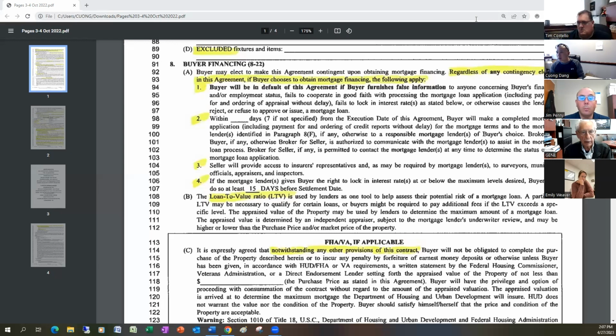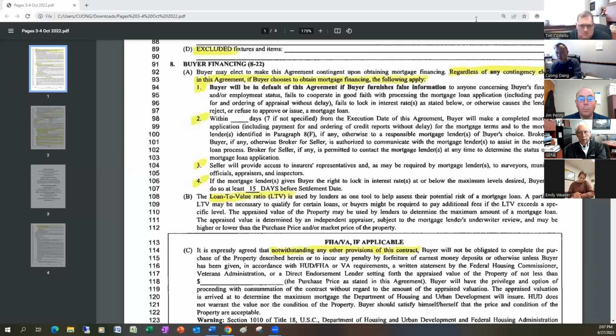3, seller will provide access to insurers' representatives and, as may be required by mortgage lenders, to surveyors, municipal officials, appraisers, and inspectors. So number 3, regardless if the mortgage contingency is elected or not, if we're obtaining a mortgage, the seller will allow access to the property so that whoever is giving the mortgage or whatever is allowed into the property.